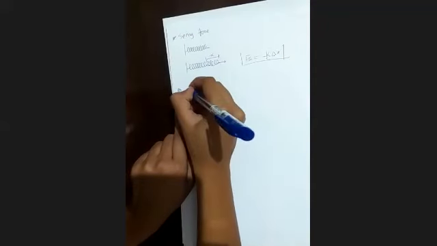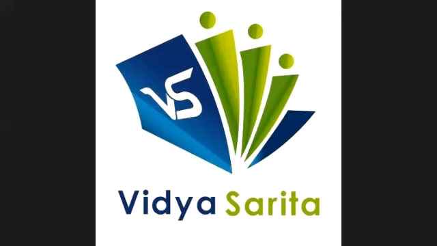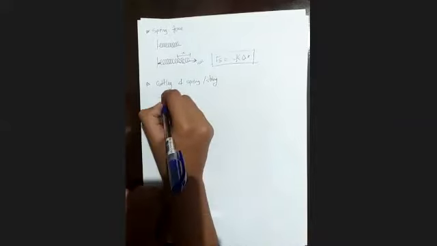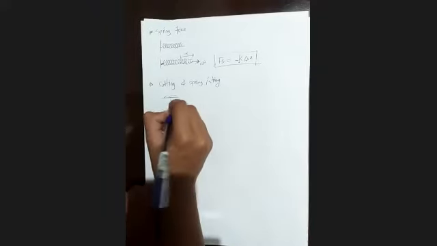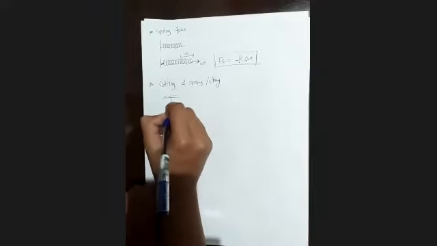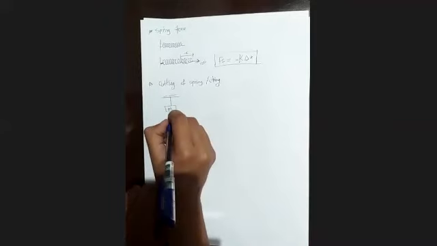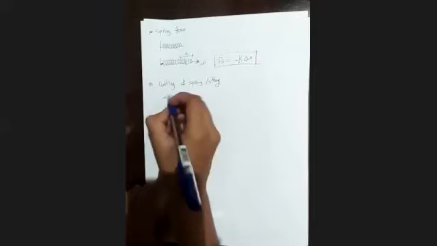Now we will see cutting of a spring and a string. Suppose this is a support, here is a string for a block of mass m, and here is a spring attached to another block m. Here is point B and here is a point A. So this condition is in equilibrium.